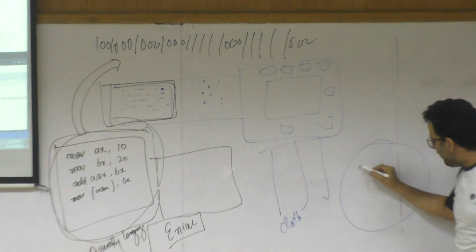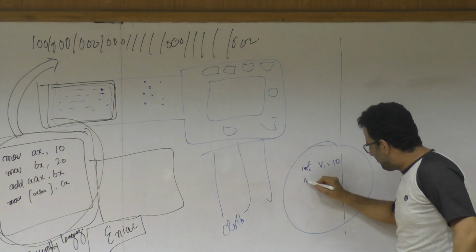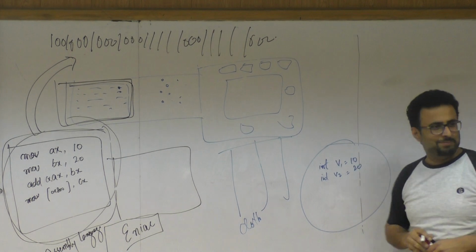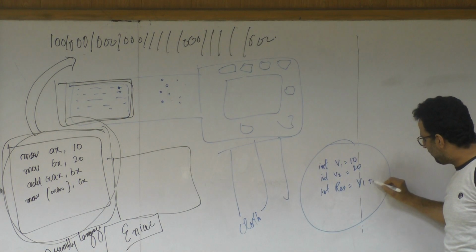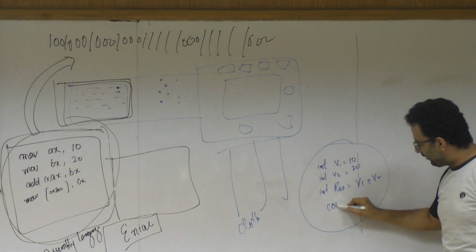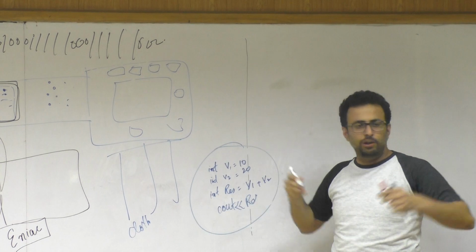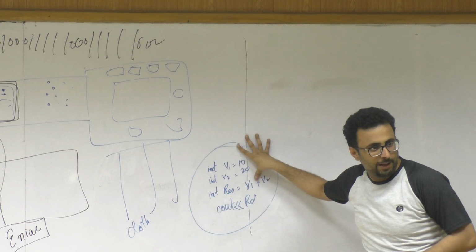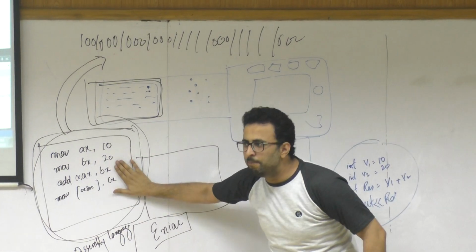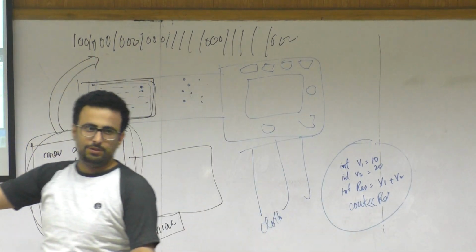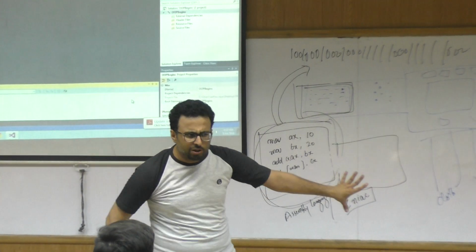Let's say int v1 is equal to 10, int v2 is equal to 20, and int result is equal to v1 plus v2, and cout result. And what we are going to do is take this program and convert it into assembly language, and the assembler will convert it into binary. What a beautiful transformation.